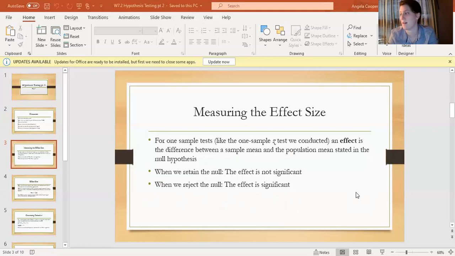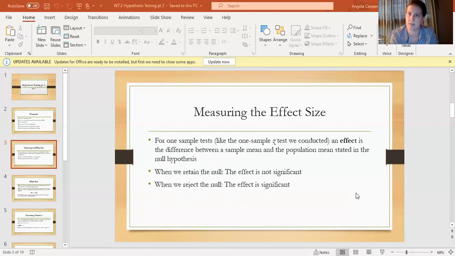So that sample mean of 15.5, those were the mean number of times that those 100 vegans that we sampled mentioned their diet. And the population mean was the general average American, how many times they stated their diet in a day. That was 14.